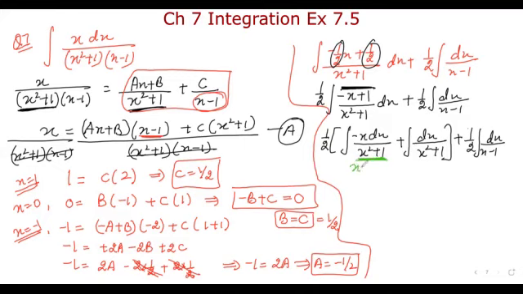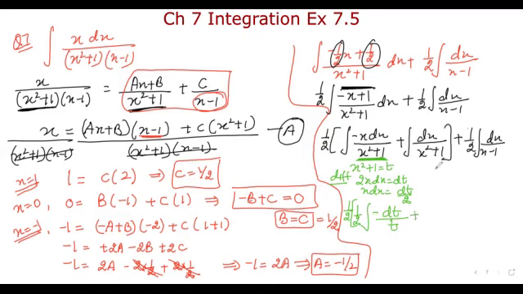So if I take x square plus 1 as t and differentiate it using substitution method, I will get 2x dx as dt. But the problem is here I'm not having 2. So what I will do, x dx is dt upon 2. Replace x dx with dt upon 2. 2 I'm taking outside, minus dt upon t.